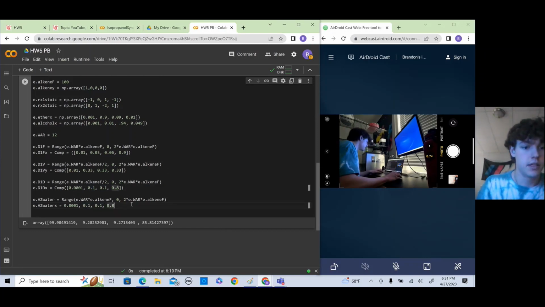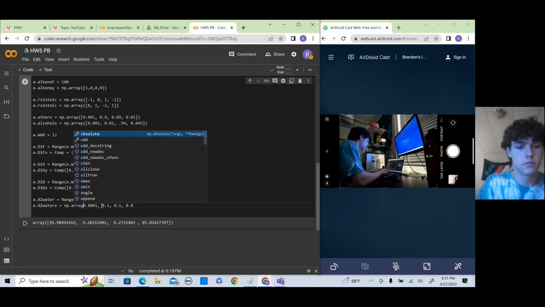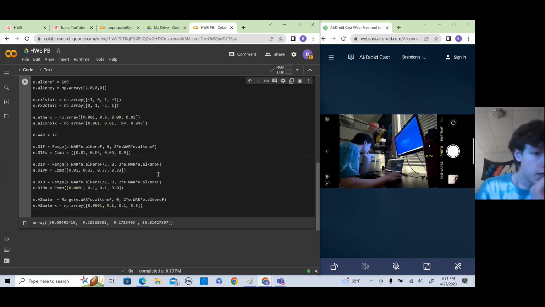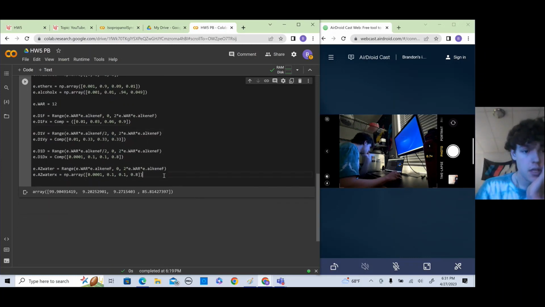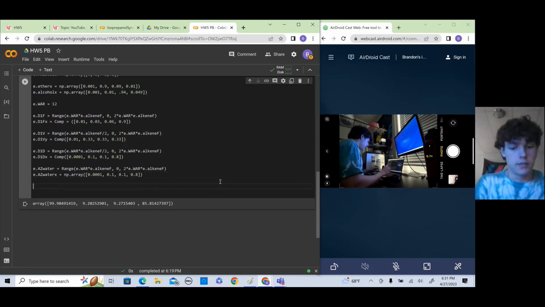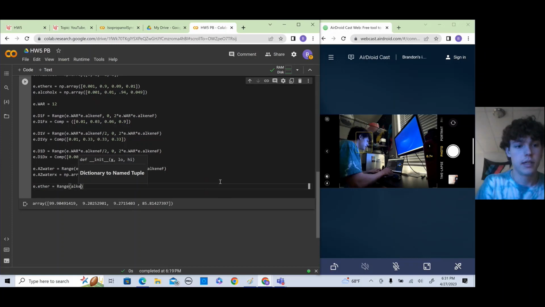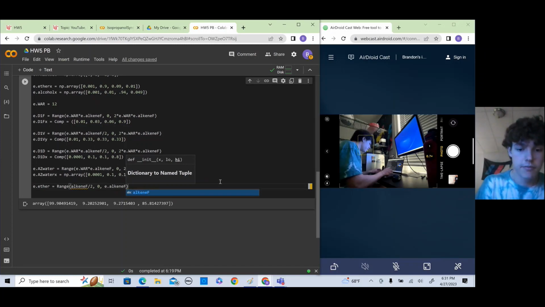Getting rid of some of the unknowns. And then we need our E dot ether, which will be equal to, we can say, our range and our alkene F divided by 2, 0, alkene F times that.